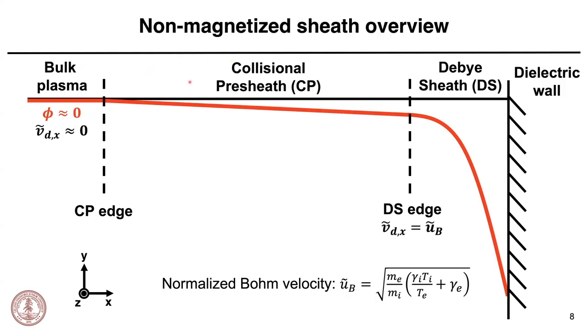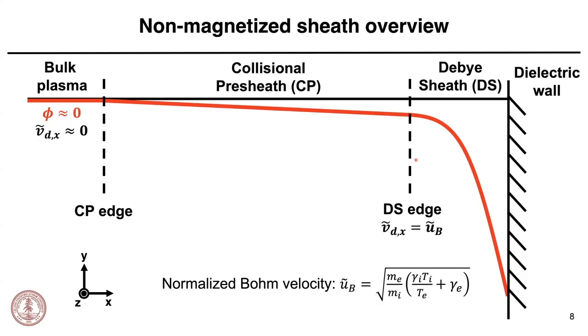You can see the three main regions that occur. There's the bulk plasma region, where the potential is around zero, with essentially no drift, a quasi-neutral region. You then have a collisional pre-sheath region, which essentially functions to accelerate ions to a certain point, where we have what's called the Debye sheath edge.